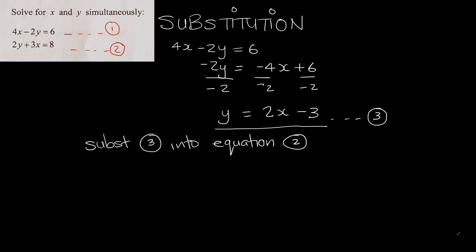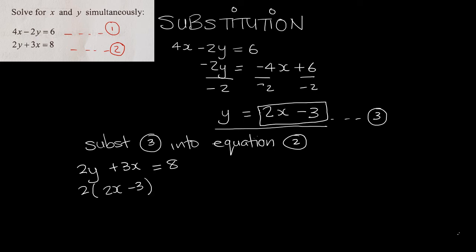Let's just write it down so we know how we are substituting. Wherever I see y, I will put this portion here. That's the whole idea here. So it's 2 into 2x minus 3 plus 3x is equal to 8.